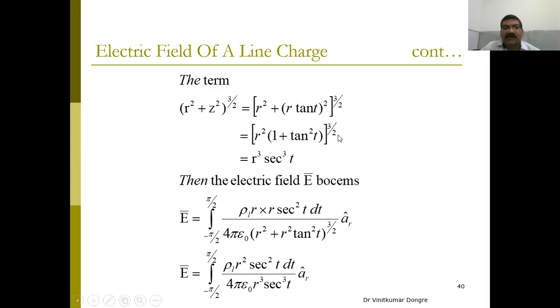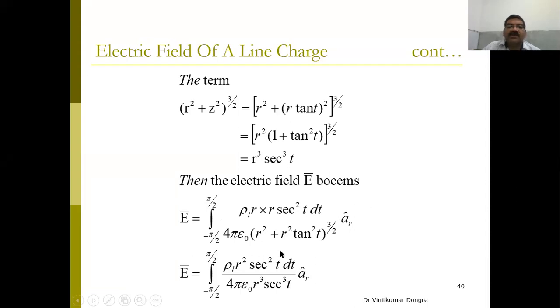So sec square to the power 3 by 2 will be sec cube, so here we get R cube sec cube t. Then the electric field intensity E becomes, put this value in the formula, with the limits minus pi by 2 to pi by 2, and do the integration.